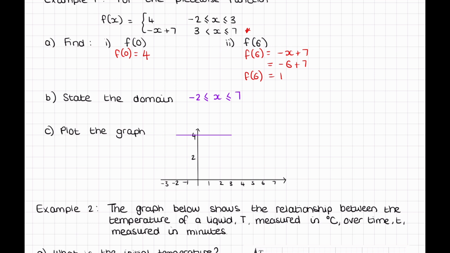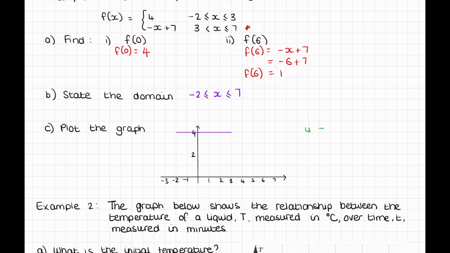Now between 3 and 7, it is -x plus 7. So now we need to plot that from when x equals 3. A really good thing to do here is to work out some points on this line. If we work out the y when x equals 3, so y equals -3 plus 7, which equals 4. And we know that's already the starting point.